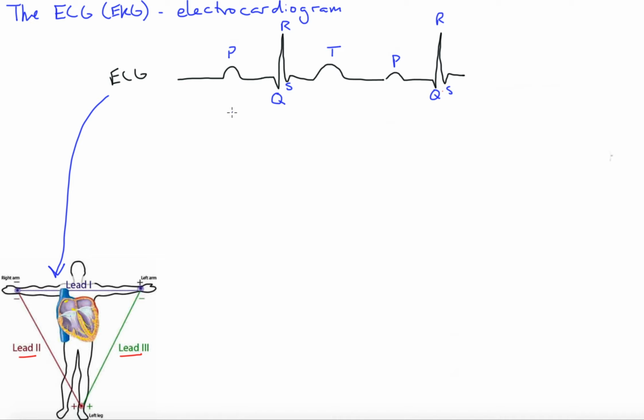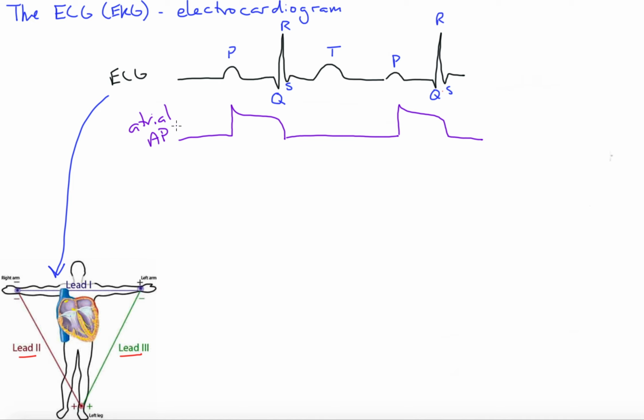Okay, and so as I said, these waves are going to come from the individual cells doing things, depolarizing and repolarizing. So right now I'm drawing the atrial cell action potential. And again, these are the cardiomyocytes. So this is an atrial action potential.